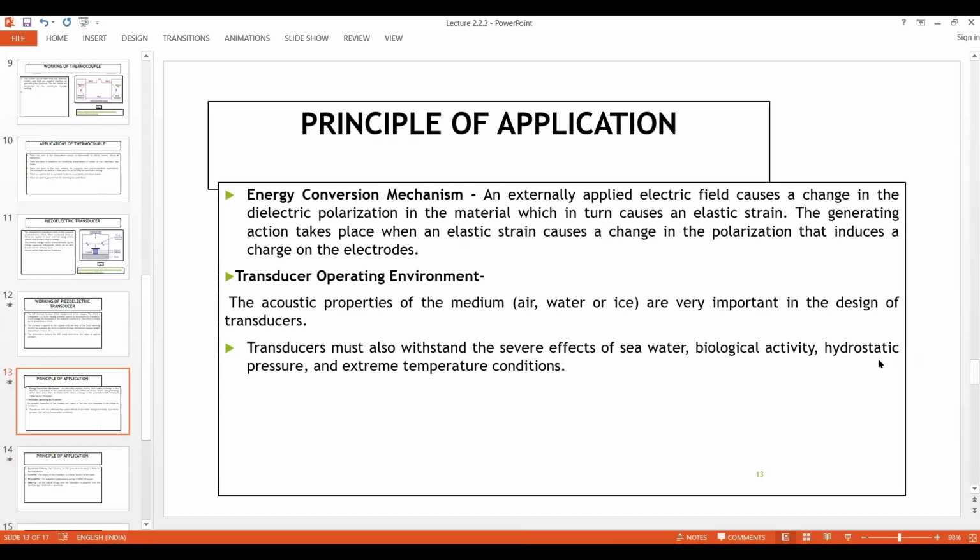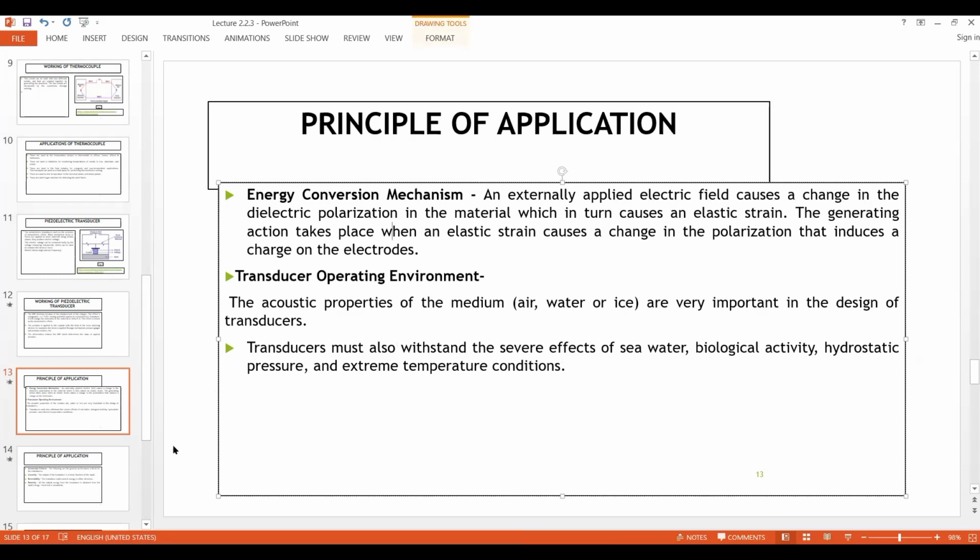Principle of operation: the transducer operating environment, the acoustic properties of the medium, air, water, or ice. The energy conversion mechanism: whenever an externally applied electric field is applied, there is a change in the dielectric polarization. Polarization is very, very important. Polarization is nothing but the production of charges at two different places. The generating action takes place when elastic strain causes a change in polarization, right?